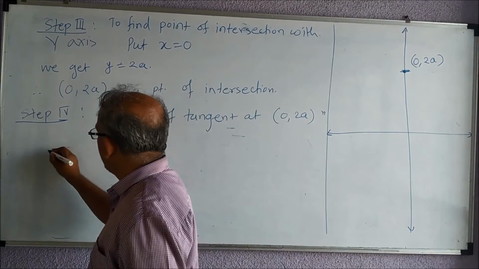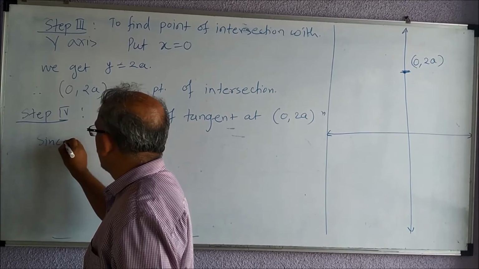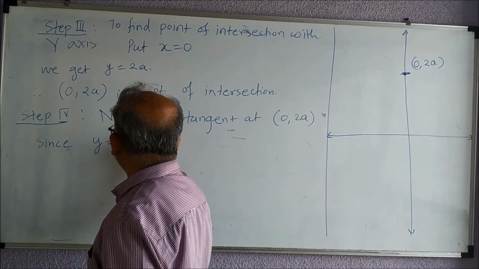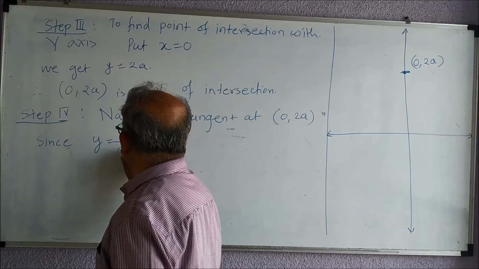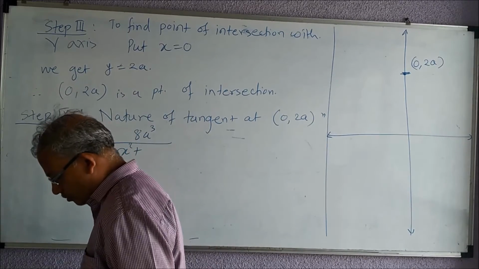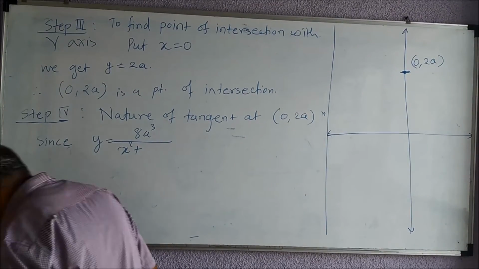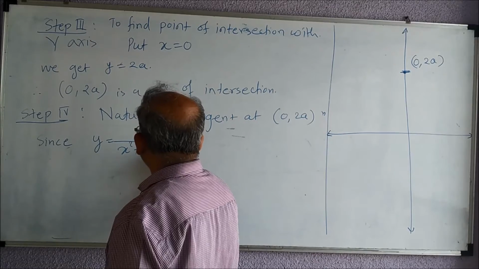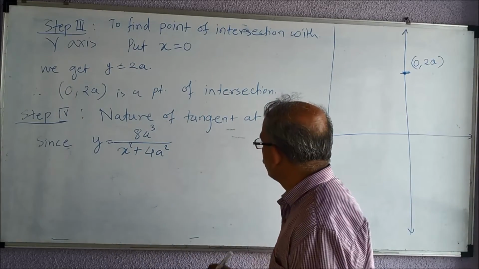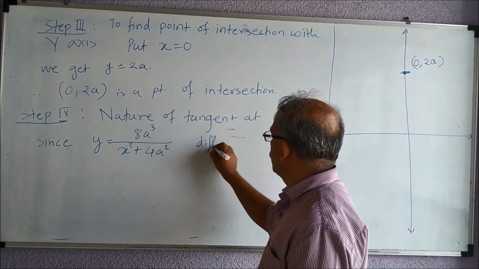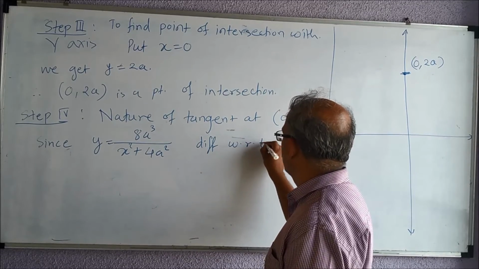So since y is equal to 8a cube divided by x square plus 4a square, differentiate this equation with respect to x.